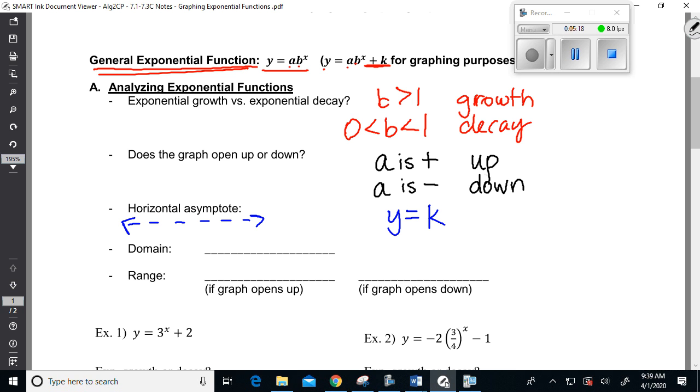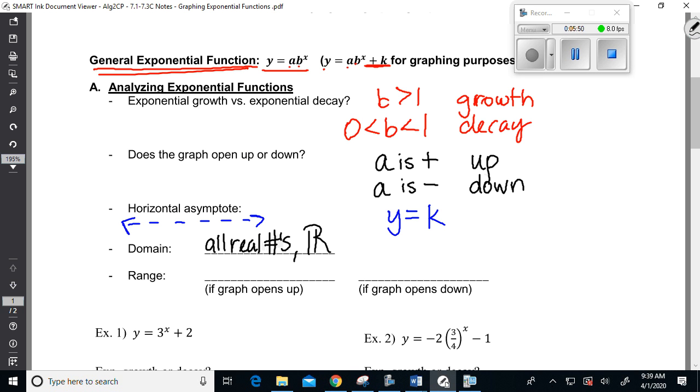As far as domain goes, domain is very, very simple. All real numbers, or if you use the R symbol, that's fine too. Lastly, with the range, that's based off of the k value, and it also depends on whether the graph opens up or down.